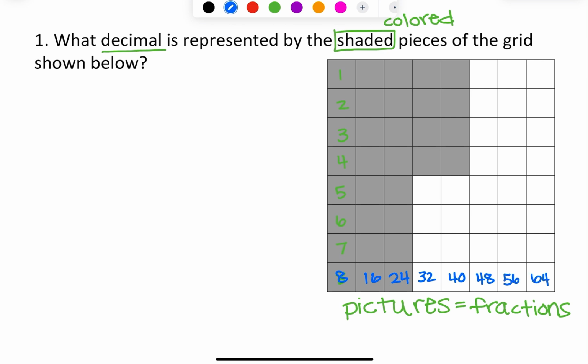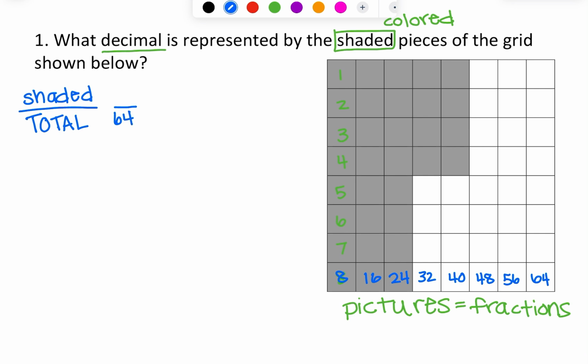When I have a fraction, I have the shaded on top, or whatever my piece is, and then on the bottom is my total. We need to remember that. Total always goes on the bottom. So if I have 64 total pieces, 64 would go on the bottom.